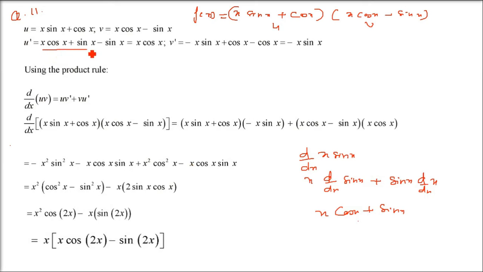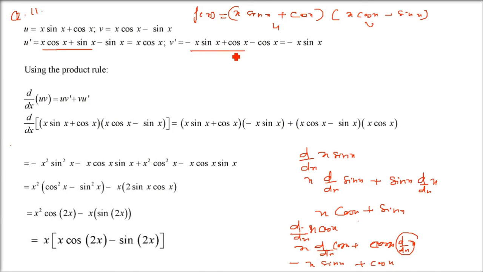So we get x cos x plus sin x. Then I am taking x cos x: x times d by dx of cos x plus cos x times d by dx of x. D by dx of cos x is minus sin x and d by dx of x is 1, so we get minus x sin x plus cos x.